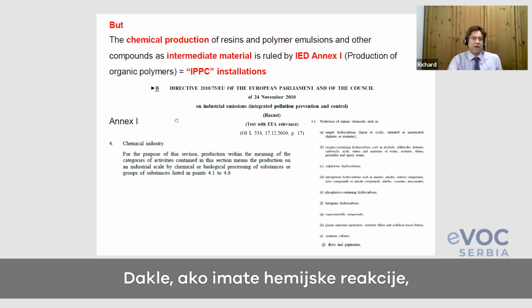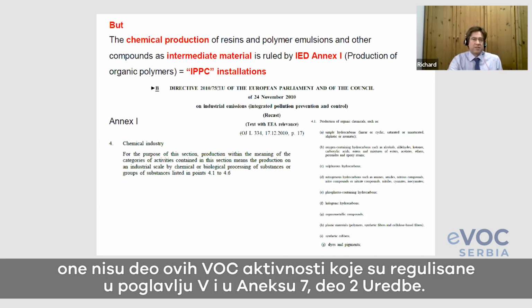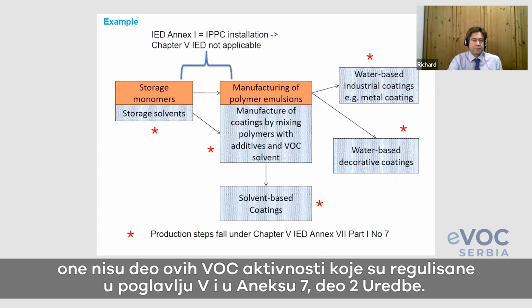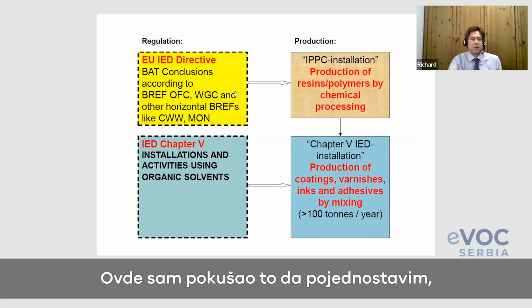So if you have chemical reactions, they are not part of this VOC activity that is regulated in chapter 5 and annex 7, part 2. Here I try to make it simple for you.